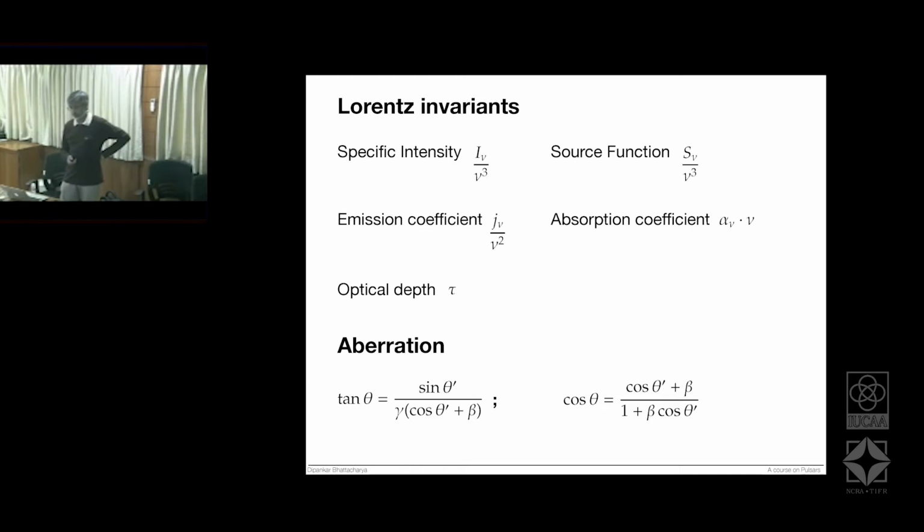So you take 1 minus beta, the square root.